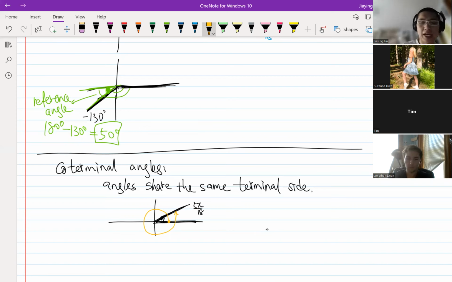How big is this second angle I draw here? Well, that's going to be a full circle plus 5 pi over 18. So this is 2 pi plus 5 pi over 18, because it's a full circle and then 5 pi over 18 more than that.